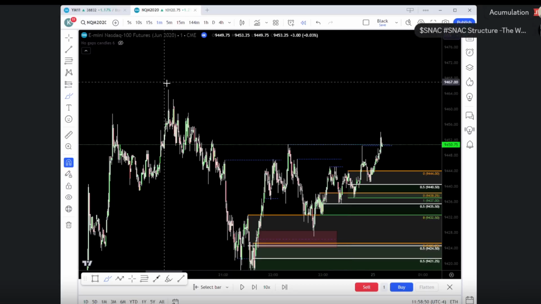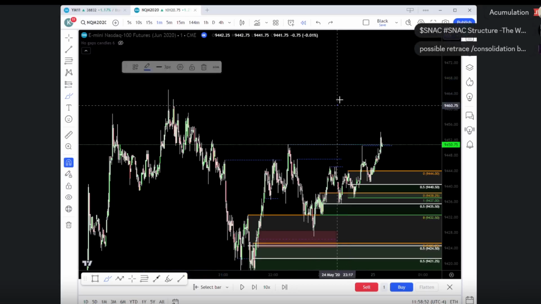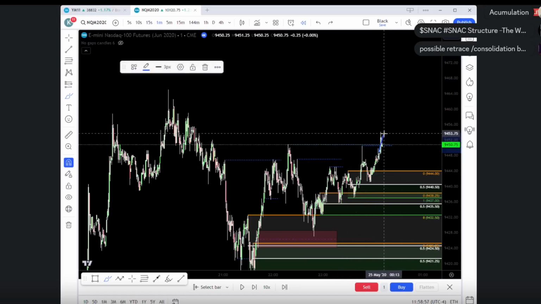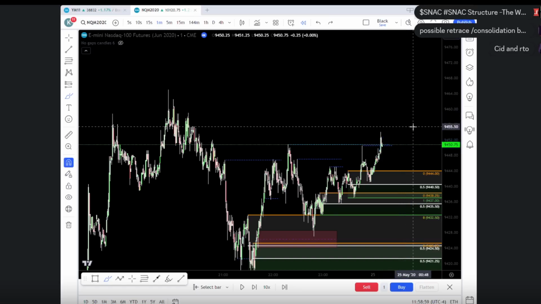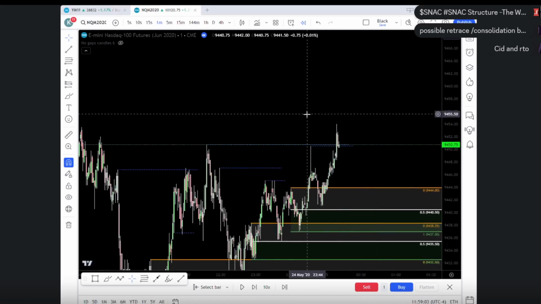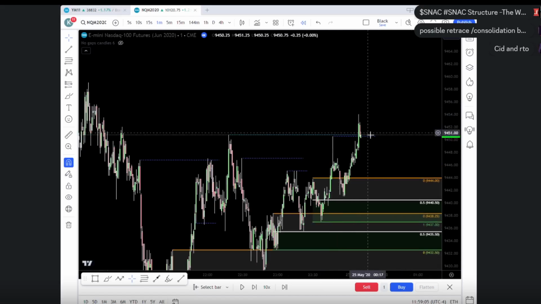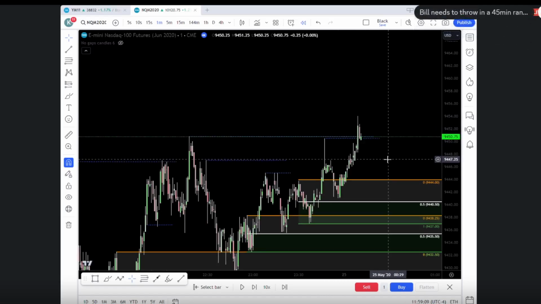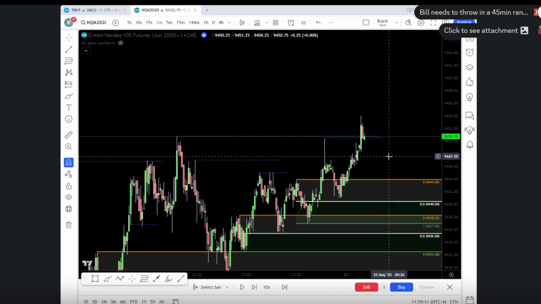When you break an hourly zone, what do you get? You get higher time frame accumulation. When you break a 15-minute zone, you get a smaller amount of accumulation, typically, right? Doesn't mean we short the close here to trade back into the zone, but we can anticipate that potential happening. Okay?